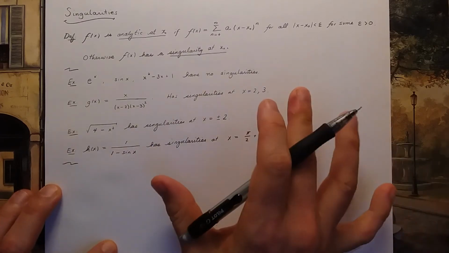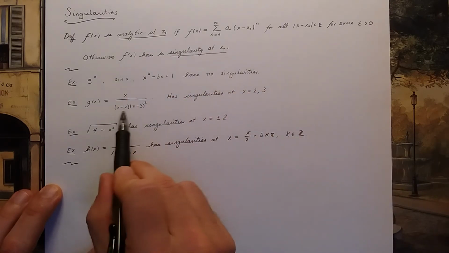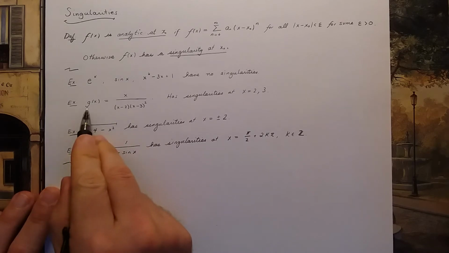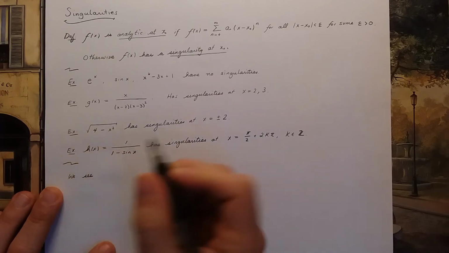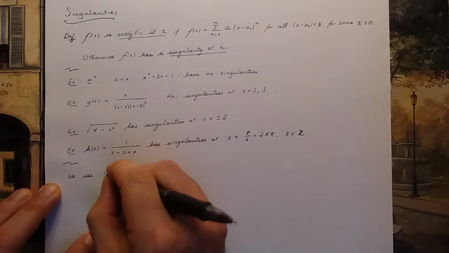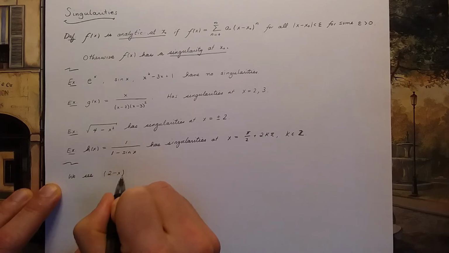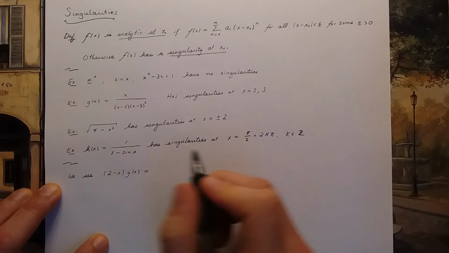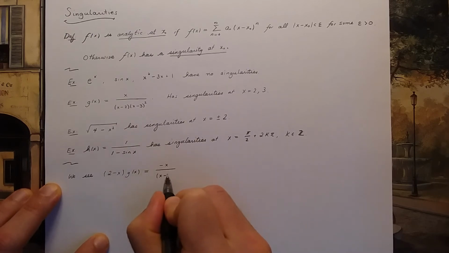Now, some singularities I can get rid of by multiplying by the appropriate thing. So notice that if I look at this function g, I'm going to multiply by 2 minus x. So 2 minus x times this g function, if I simplify, gives me negative x over x minus 3 squared.